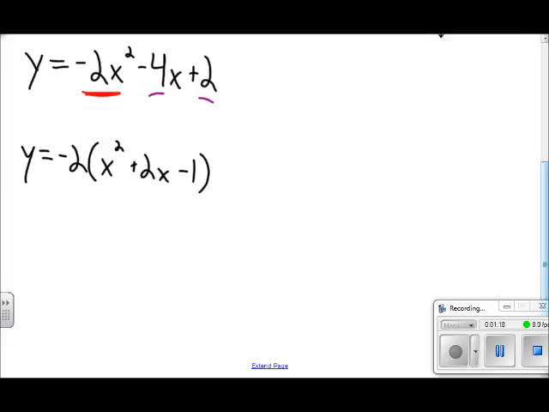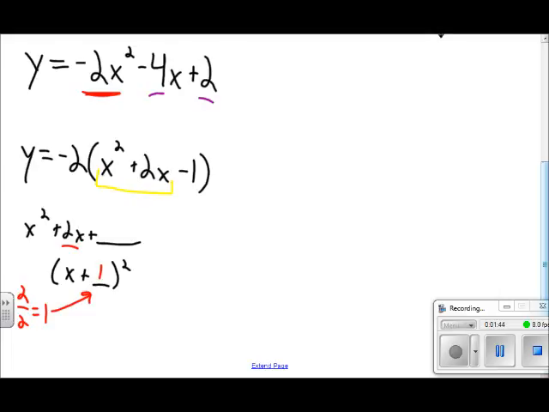From here, we're still not into vertex form. We need to complete the square just on this little piece. So we have x squared plus 2x plus something. It's going to be our perfect square, x plus something squared. So remember, we always take this value here, and we divide it by 2, which means we have 1 at the end.